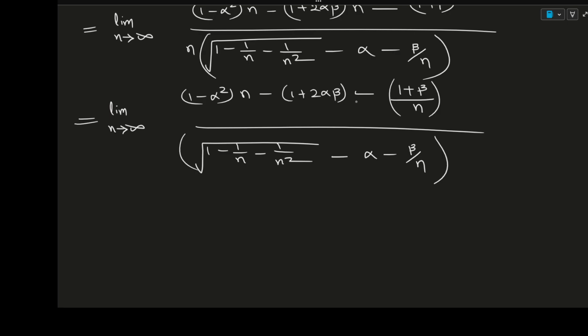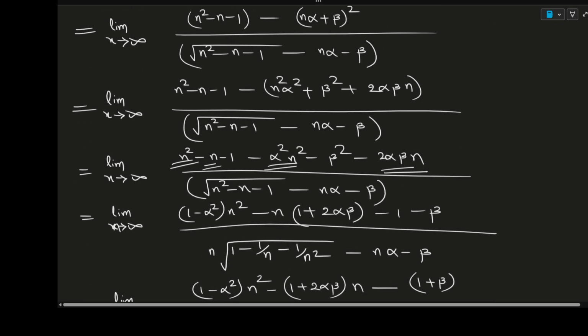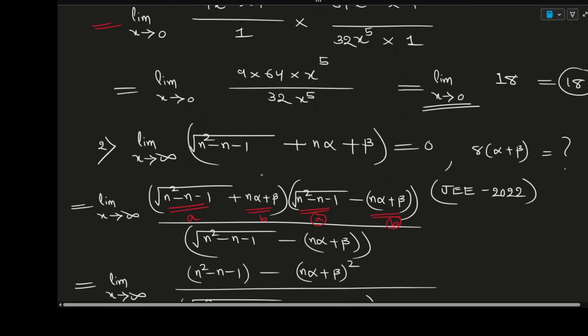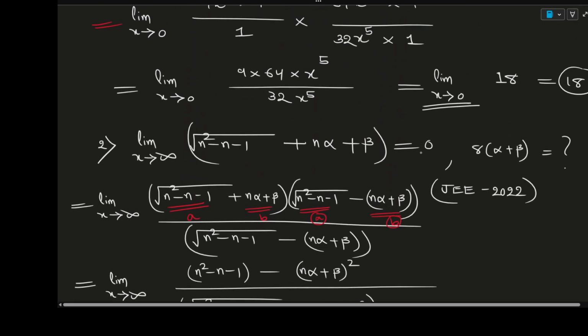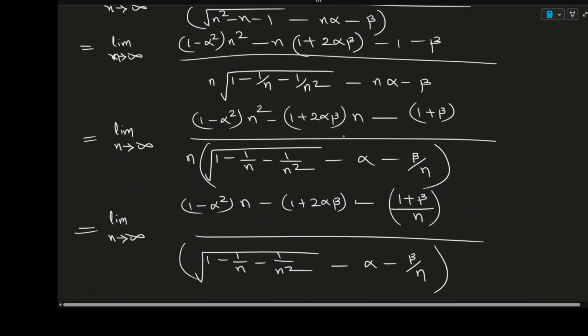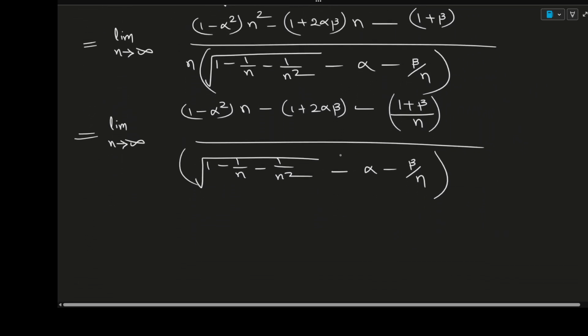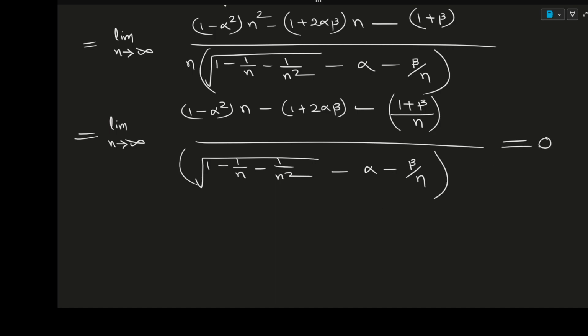Okay, but in our question we are given that when n tends to infinity, the limit of this function is equal to 0. So if we want that the limit of this function will be equal to 0 when n tends to infinity, that is possible in one case, if the coefficient of this term is equal to 0. So what is the required condition?